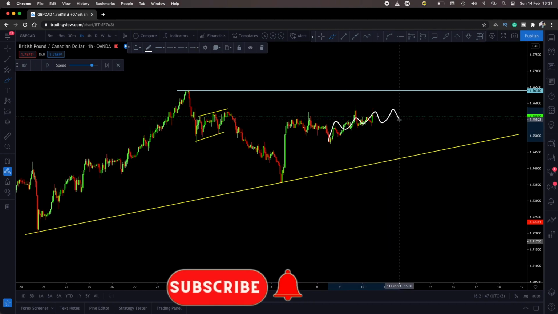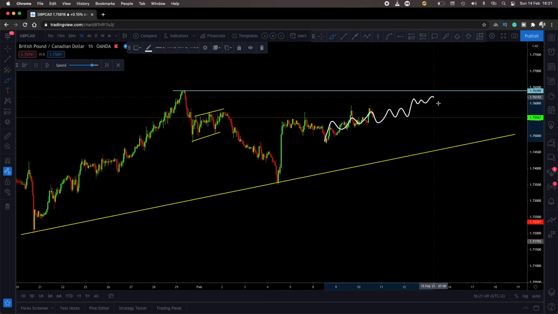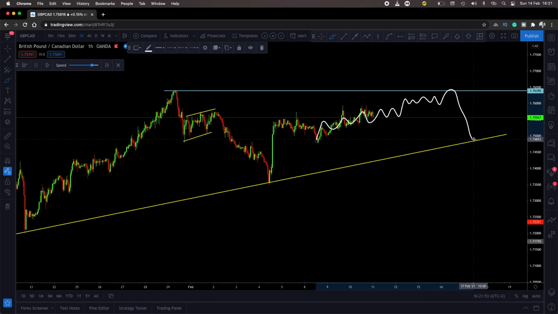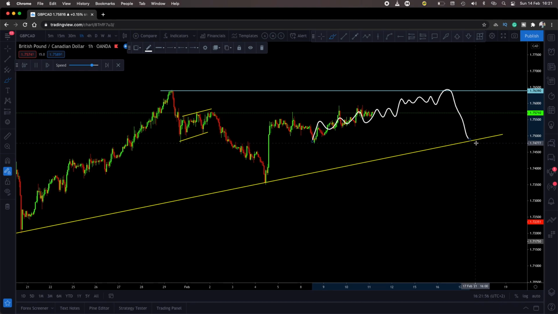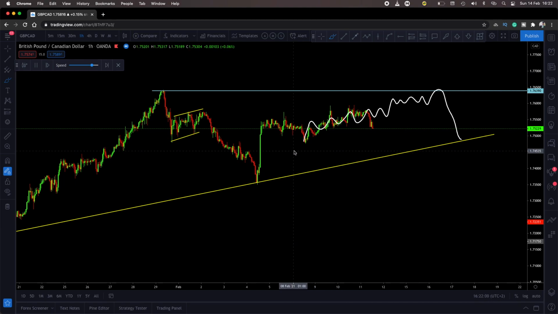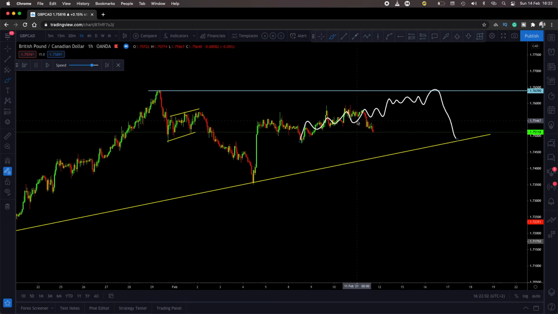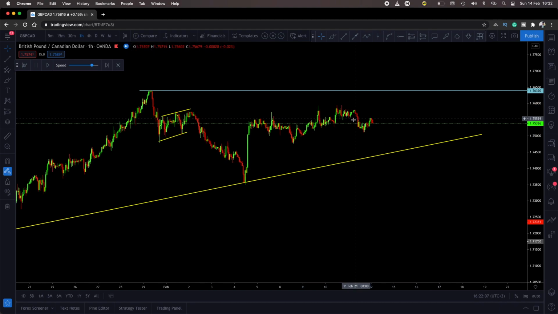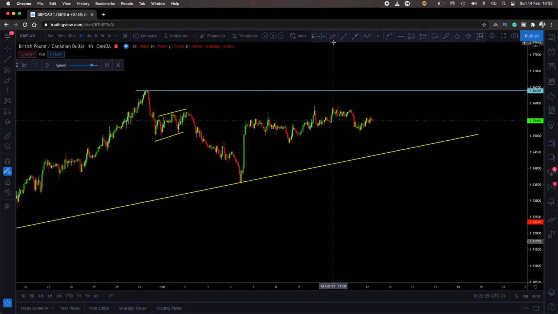It's more like a correction in a way. So it could easily go like this up to this level and then come back down. So this might happen.